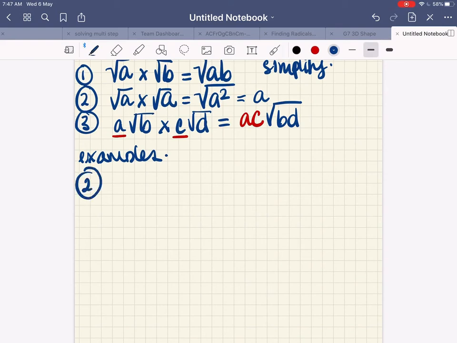Example 2. Root a times root a is equal to a.